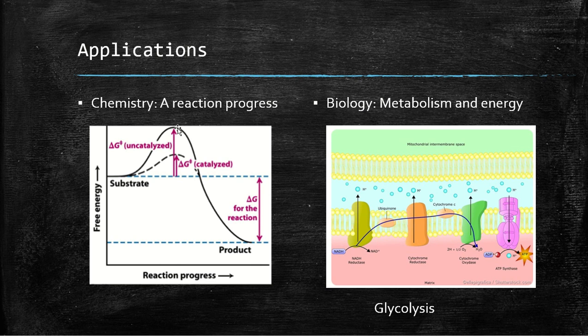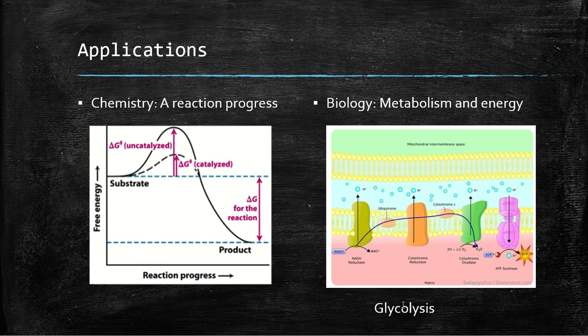So for an engineer in a chemical process, it is very useful because it can reduce the time and make it much easier. A second example is in biology, for example in metabolism and energy, where knowing Gibbs free energy is useful for the production of your energy in the cells.